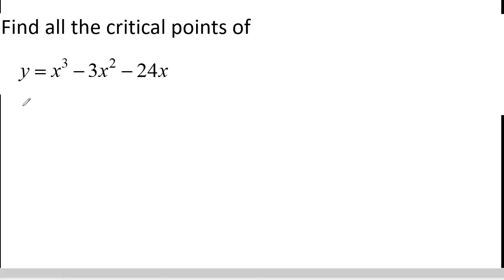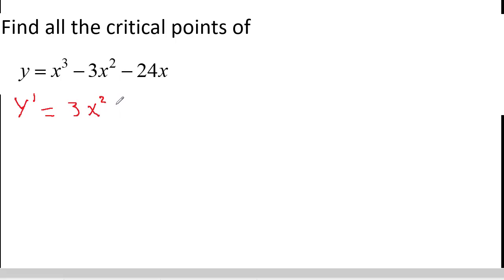If you feel comfortable doing what we're supposed to be doing, you should pause the video and do it, and then play the video and see how your work matches up to mine. But here, find all the critical points. All we're being asked to do is find the x coordinates of the points where your derivative is 0 or undefined. And again, notice that your book uses the phrase critical points, but we're only looking for the x coordinates.